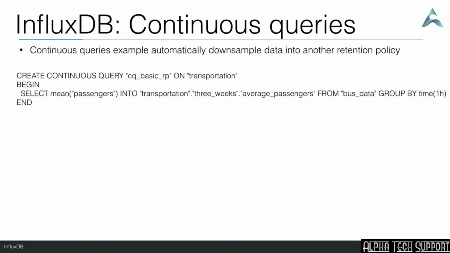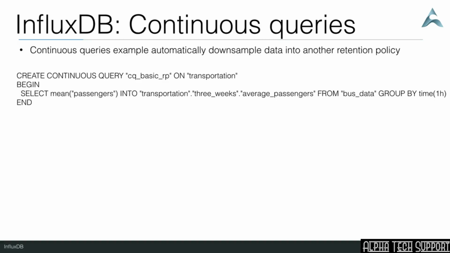You can also do continuous queries that automatically downsample data into another retention policy. Here you see CQ_basic_RP. It calculates the average hourly number of passengers from the bus_data measurement and stores the result in the transportation database, the 3_weeks retention policy, and the average_passengers measurement.